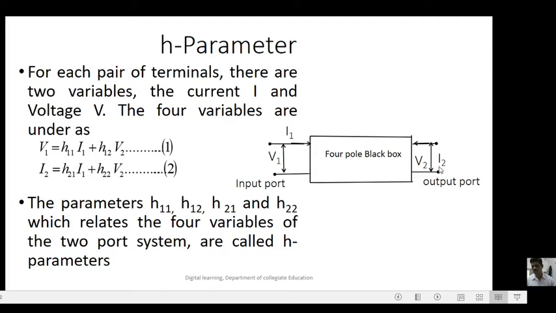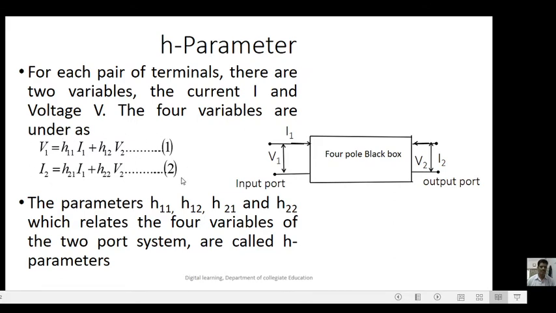Here V2 and I2 are at the output port, and this is the input port and this is the output port. I2 is equal to H21 I1 plus H22 V2. That is equation number 2. These two equations are very important.